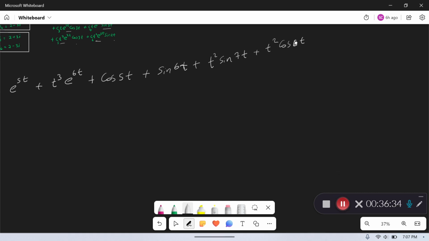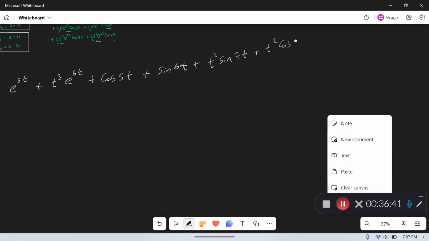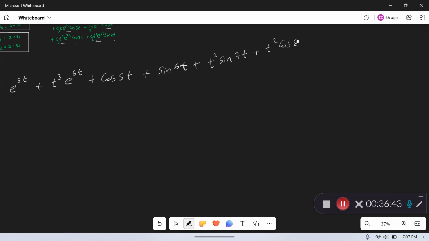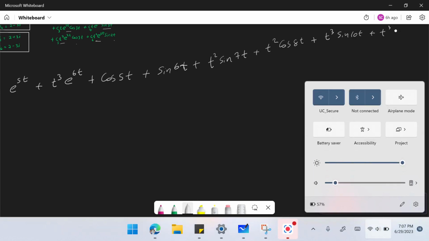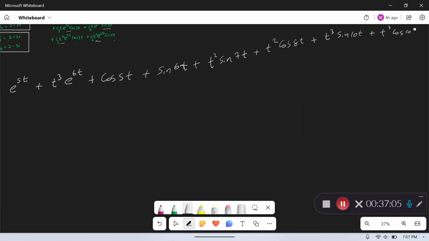plus 5t. Let's see, cos 8t, and then e cubed sin 10t plus e cubed cosine 10t. Okay, let's see.